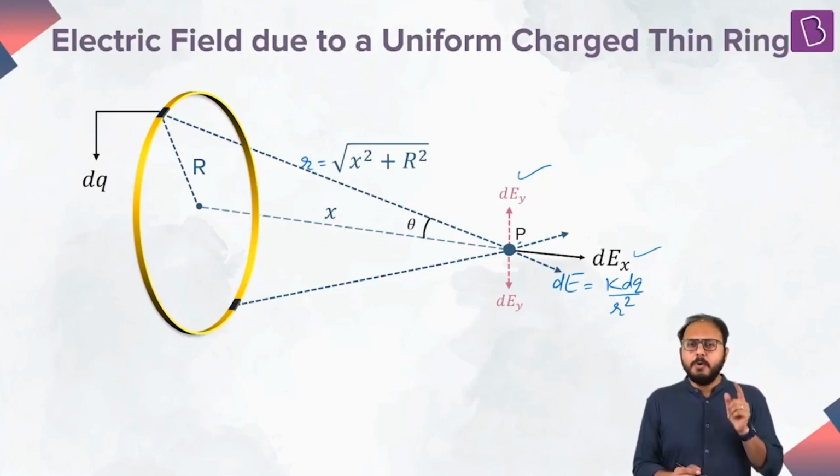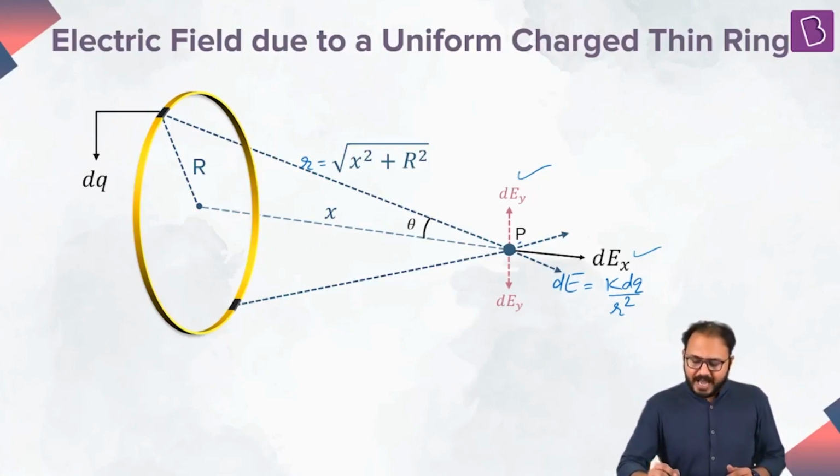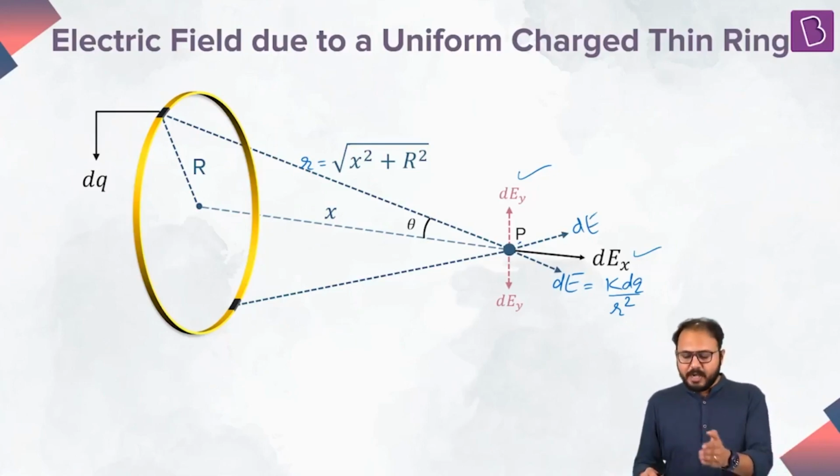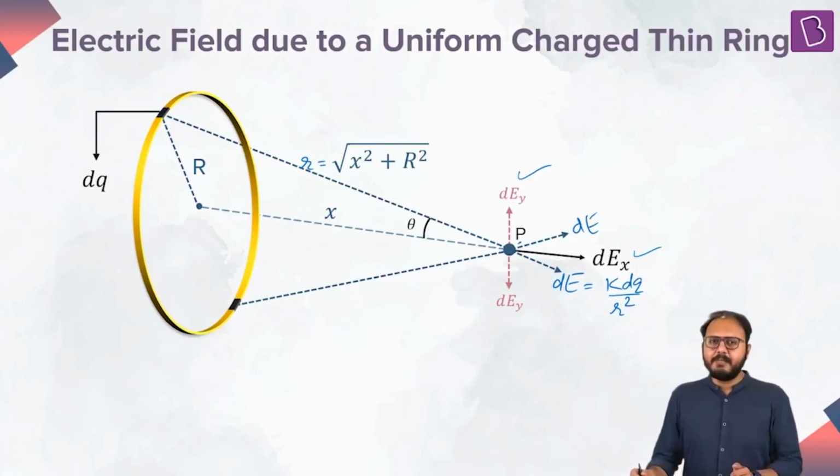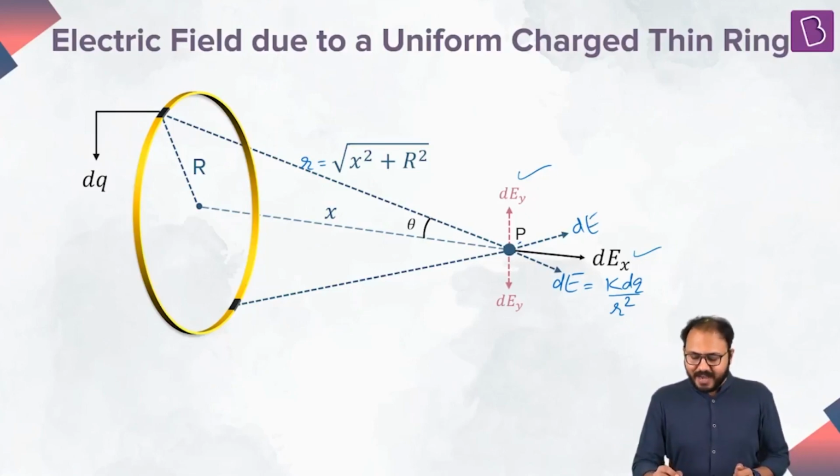How about you consider the mirror image of this dq charge, which will have its dE out here? Right? Will this dE be equal in magnitude? Absolutely. Will this dE also have two components, dEx and dEy? Agreed. Its dEy will be on the same line and it will cancel the old dEy.